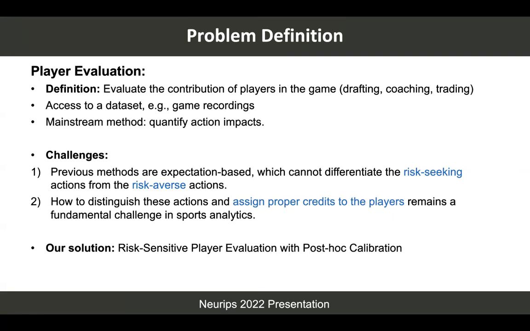Briefly speaking, in our data set, the game recording records the information of the player who controls the puck or controls the ball, what location the player is in, the player's ID, what action this player has done, and maybe some other spatial or temporal features. That's what the data set looks like. Okay, makes sense. Thanks.